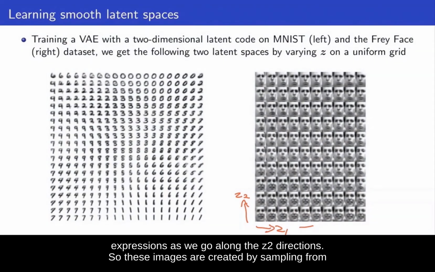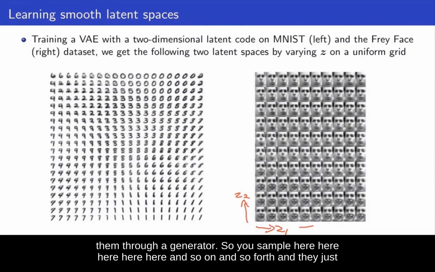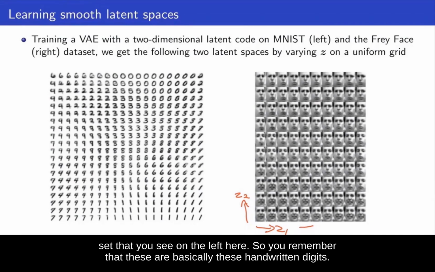These images are created by sampling from a uniform grid in the Z space. You sample these points uniformly in the Z space, and then you put them through a generator. You sample here, here, here, and so on, and they just plotted the outputs along these sampling points. Another example is this MNIST data set that you see on the left here.